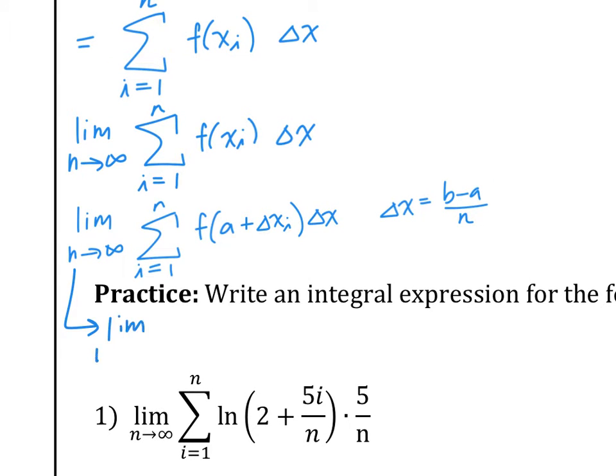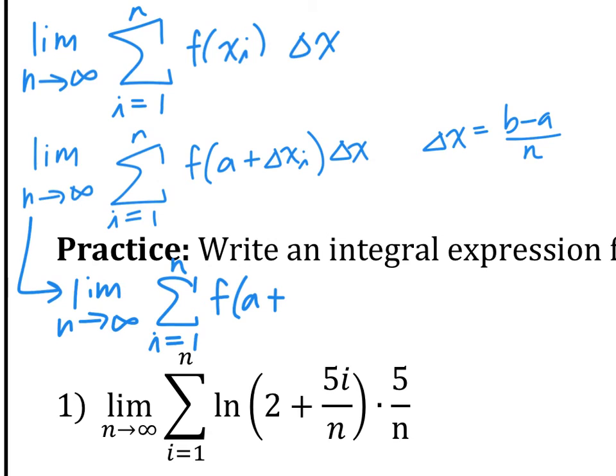This is the same as the limit as n goes to infinity of the summation from i equals 1 to n of f of a plus, so instead of delta x, I'm going to say (b minus a) over n times i, because it's just how many i's over. i equals 1 is the first x, the first one after the starting point, the first one you plug in.